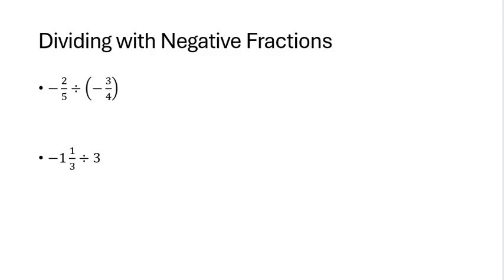Same thing, apply KCF. So negative 2 over 5 times negative 4 over 3. Do you see any diagonals here? Nope, not really. So you're just going to multiply across like always. 2 times 4 is 8. 5 times 3 is 15. Because there's two negative signs right here, it just becomes a positive. So you just leave it as is.